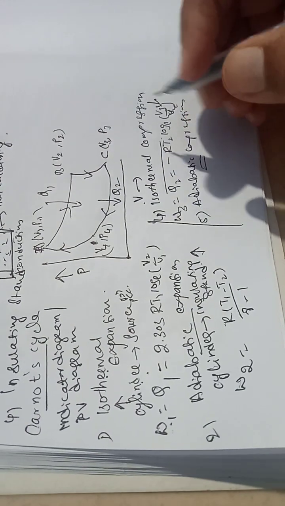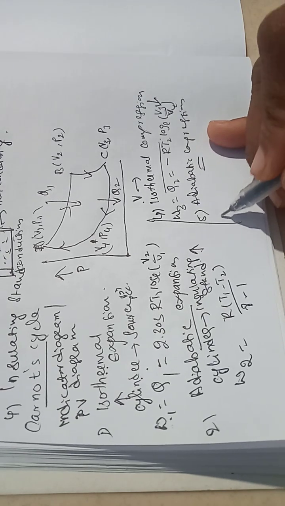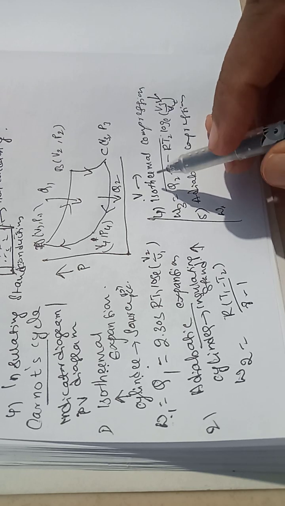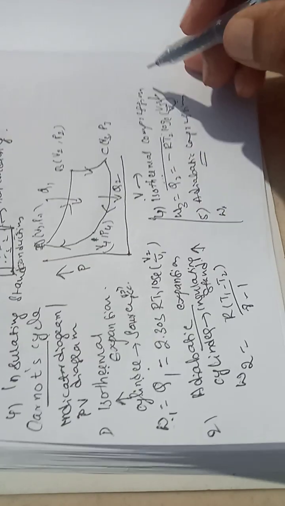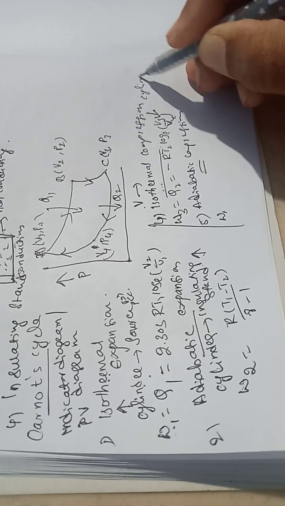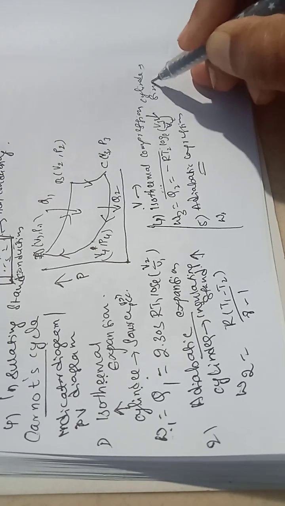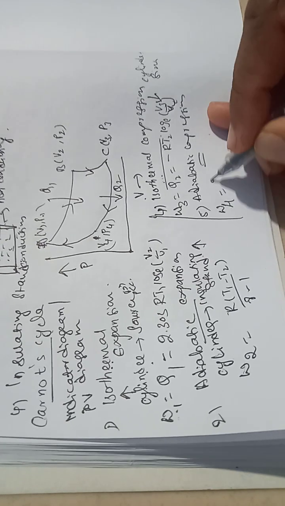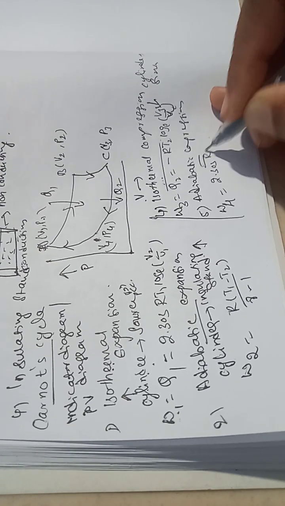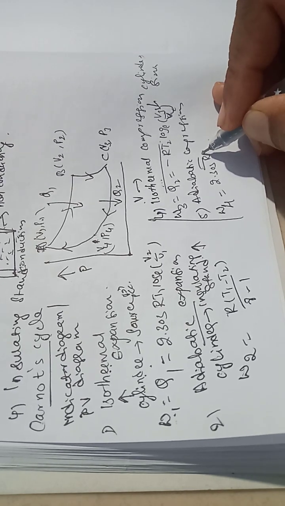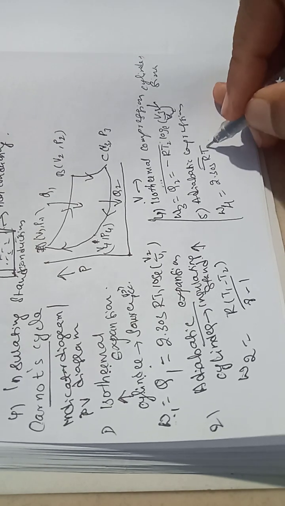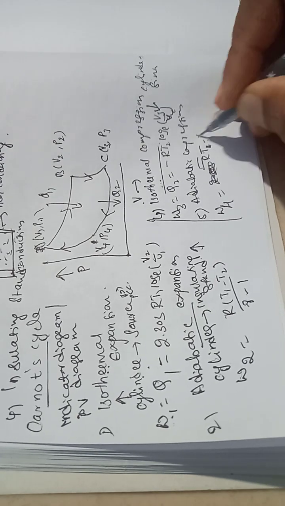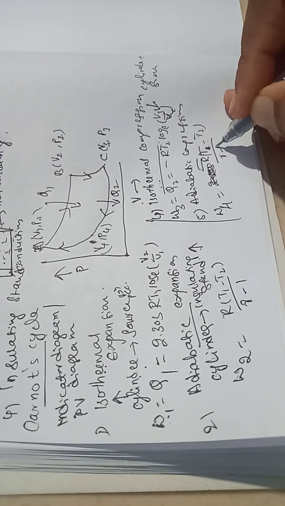Now W4: again the cylinder is placed on the insulating stand. So W4 equal to 2.303 R (T1 minus T2) by gamma minus 1.